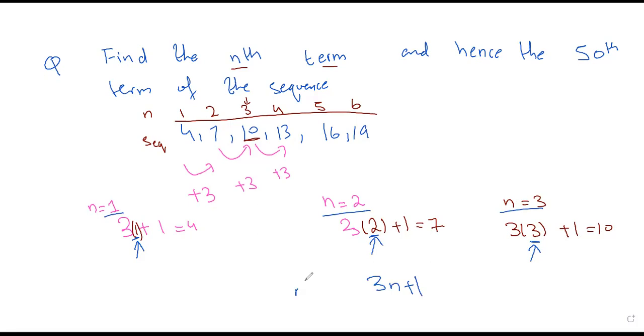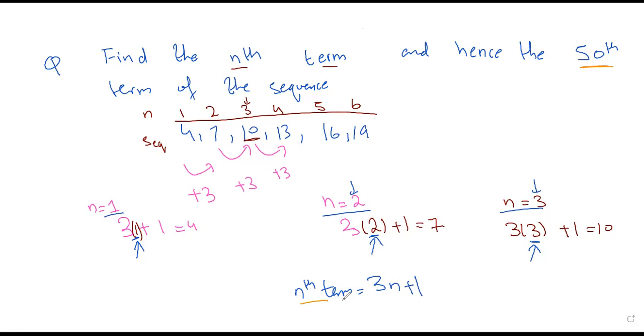This would be the nth term, right? For the second term, we have 3 into 2 plus 1. For the third term, we have 3 into 3 plus 1. So for the nth term, we will have 3 into n plus 1. Is this clear? Yes, ma'am. Are you sure? Yes. Okay, very good.